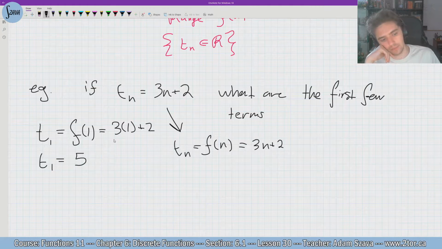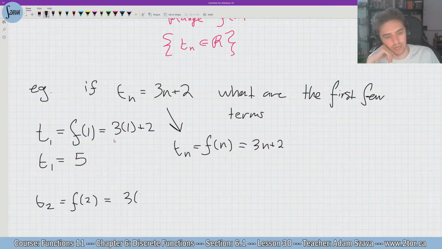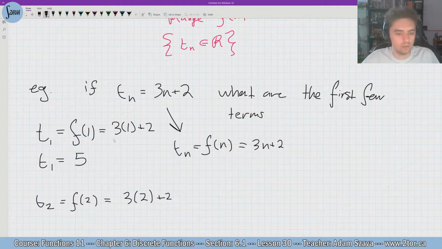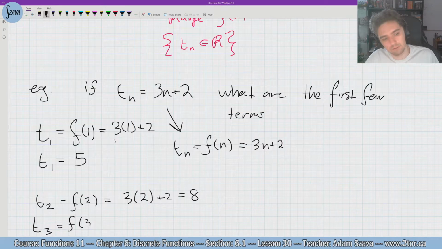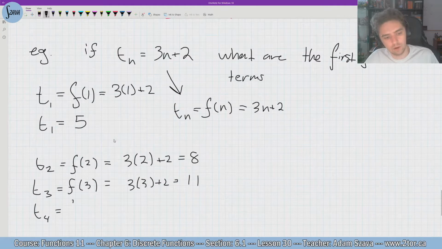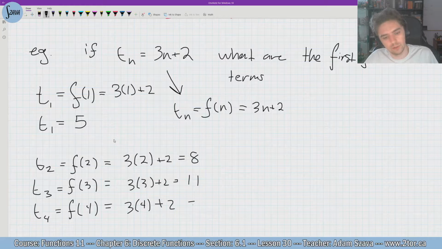Exact same thing for T2, same as f of 2, 3 times 2 plus 2, which is 8. T3 is f of 3, 3 times 3 plus 2, which is 11. And T4, f of 4, is 3 times 4 plus 2, which would be 14.